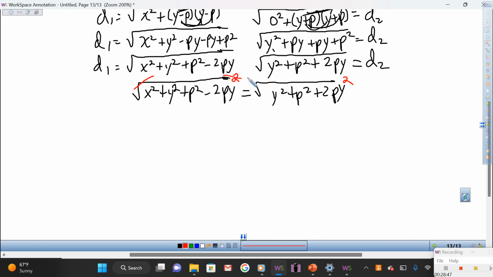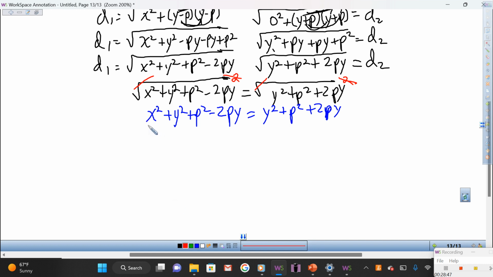This cancels that. This cancels that. And we're left with x squared plus y squared plus p squared minus 2py equals y squared plus p squared plus 2py. Okay, we still need to leave x by itself.